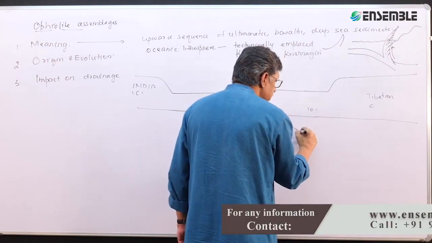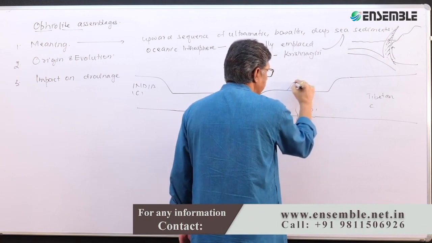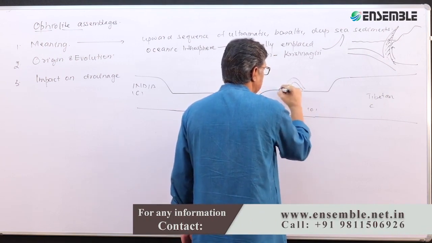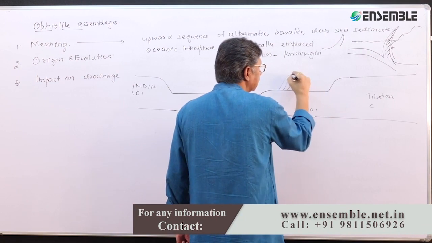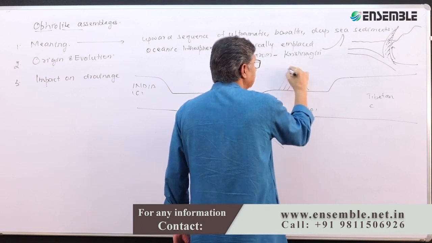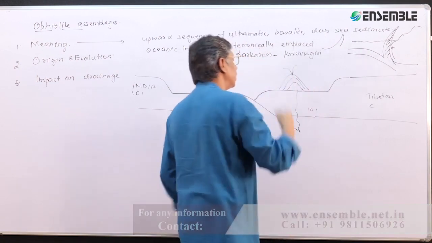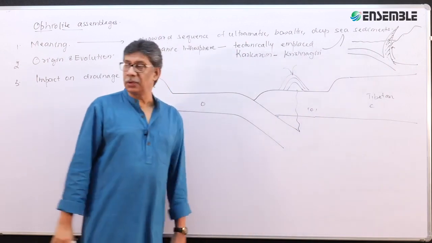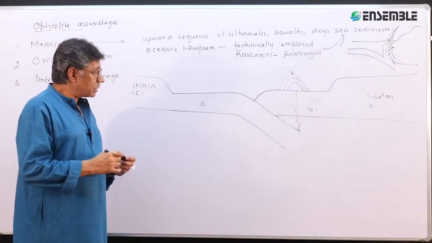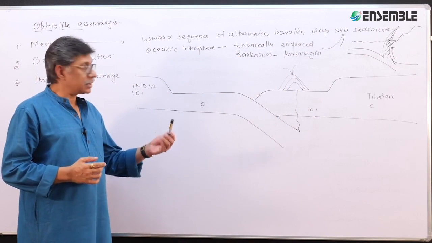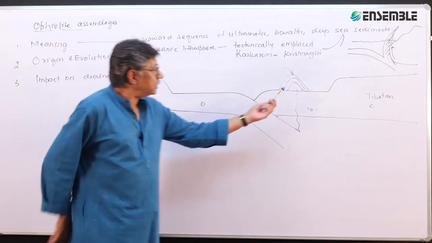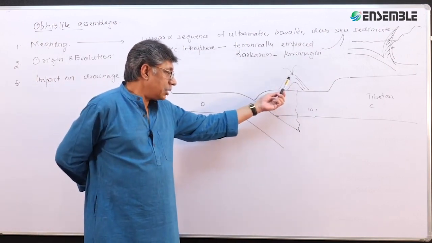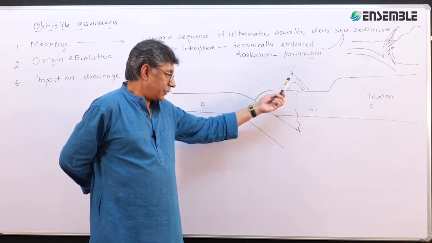What happened here was it led to the formation of an island arc. The remnant of this island arc is still found in some places like the Kargil Mountains. Kargil Mountains are representative of this island arc. That was a paleo island arc.